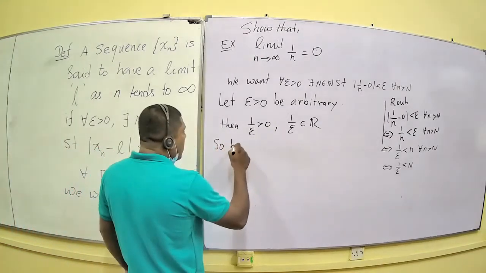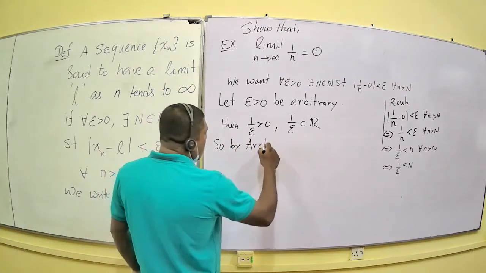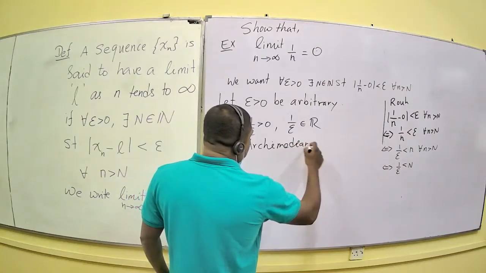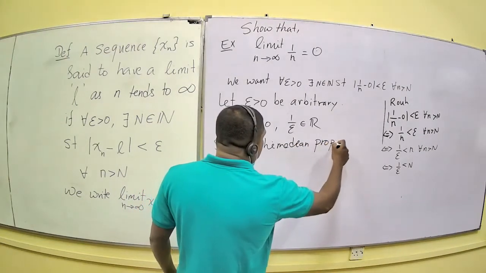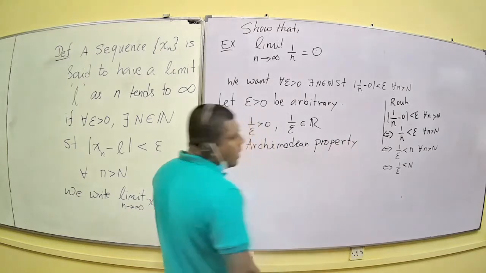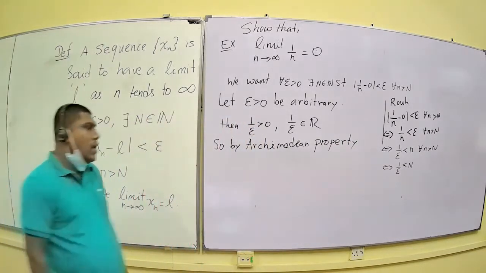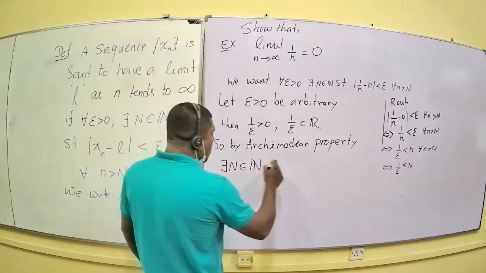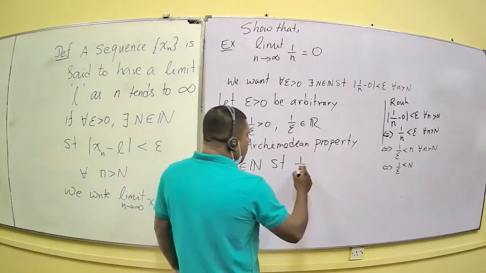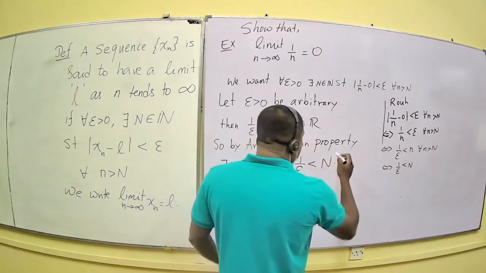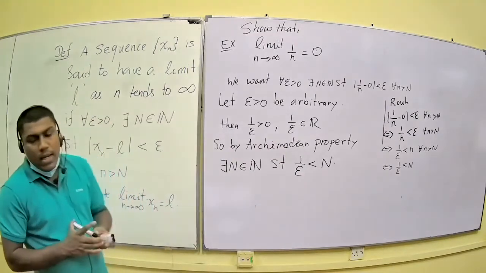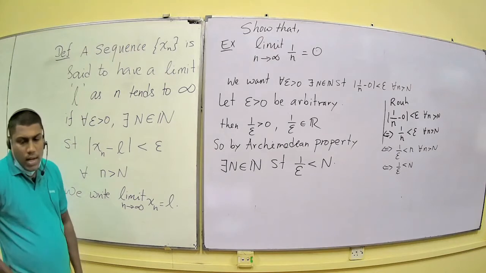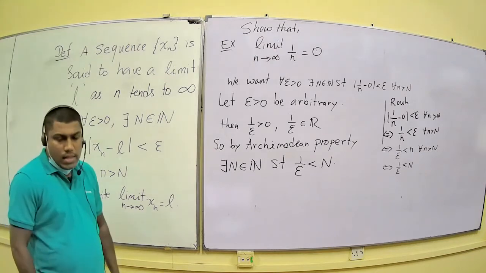So by the Archimedean property, you know that there exists a natural number N such that 1/epsilon is less than N, and this is what the Archimedean property says, right? This is what the Archimedean property says.